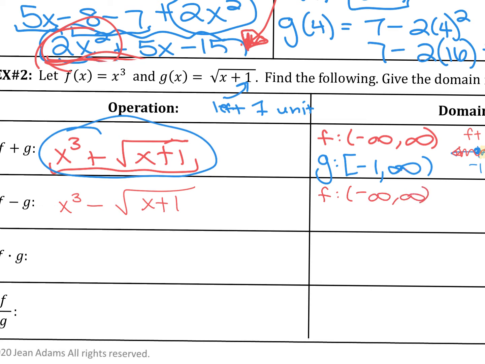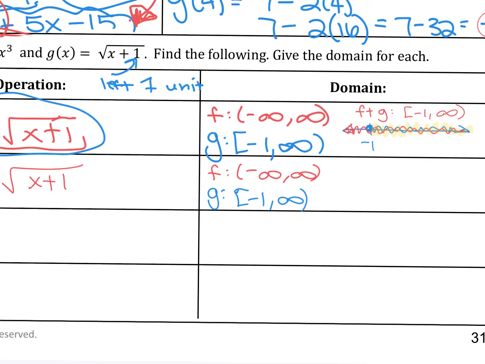F is still x cubed. G is still square root of x plus 1. So their domains remain unchanged. And therefore, f minus g is still the overlap of the two individual functions. So the domain of f minus g is still going to be where the two individual domains overlap, which is again from -1 to infinity.